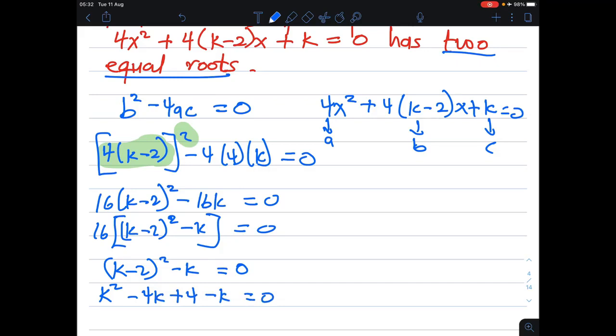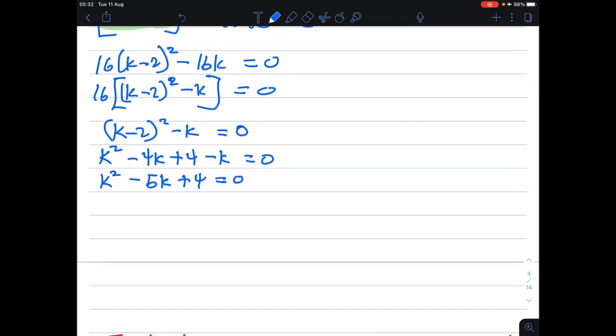So this gives us what? K squared minus 4k, no, that would be minus 5k, minus 5k plus 4 equals 0. All right, so we can solve this quadratic easily. So we open brackets equal to 0. Then the next thing that we do is that we put k in each of those brackets.